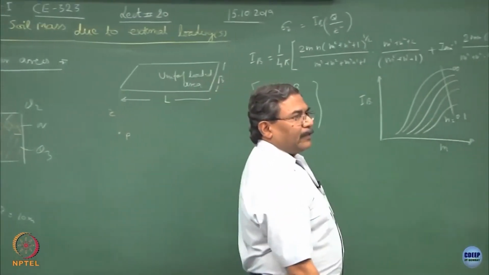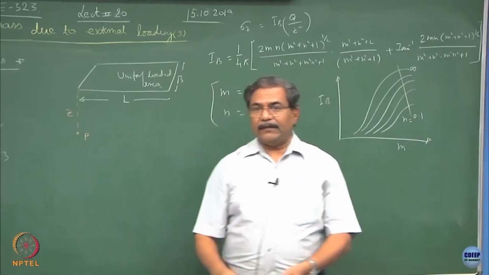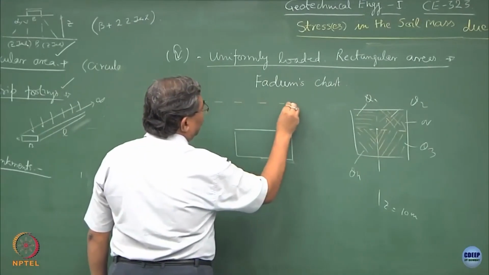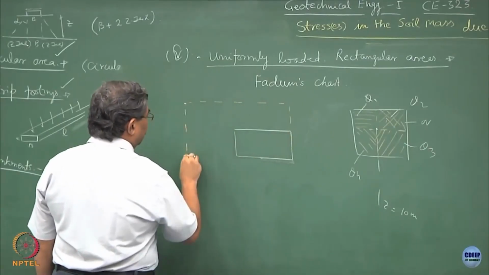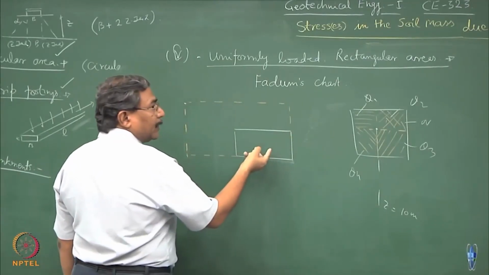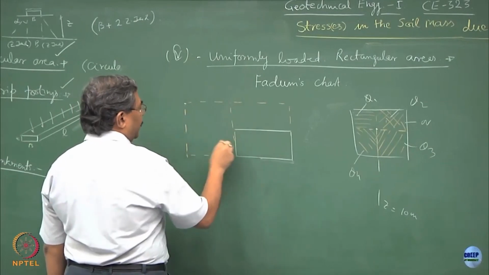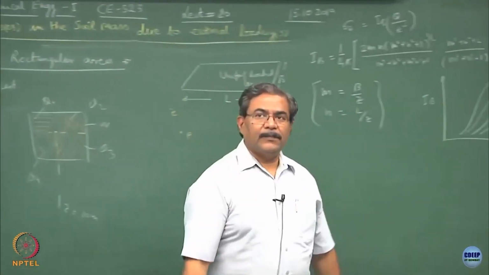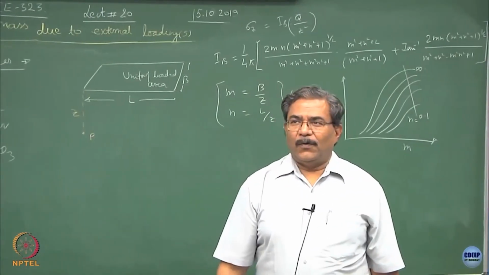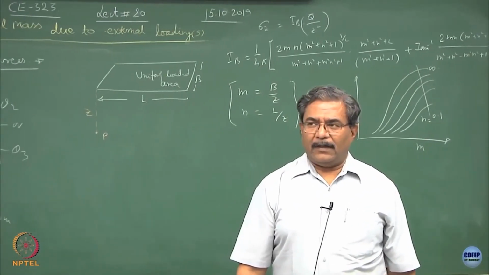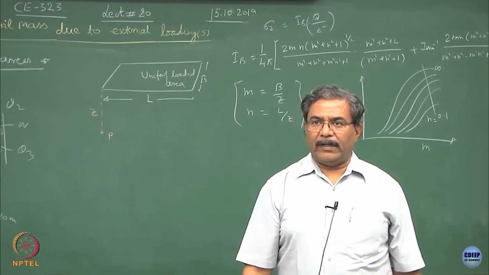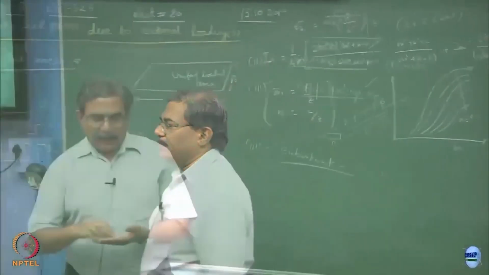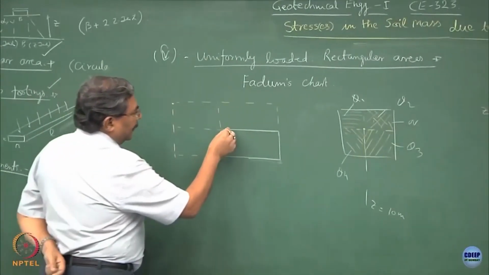Do a bit of geometry. I can do it like this, I have made this section a subset of a bigger square and I can solve it. Apply your mind a bit and try to understand in what way the context of the application of Fadum's chart has changed. The loaded area is only this much, agreed?